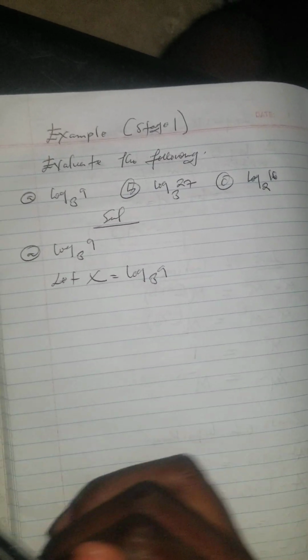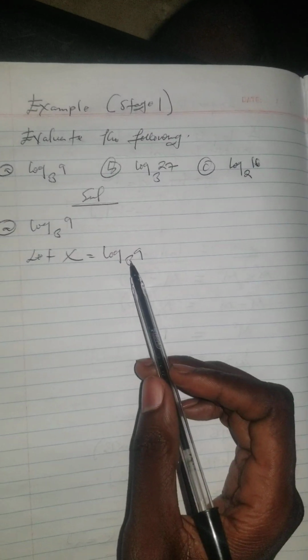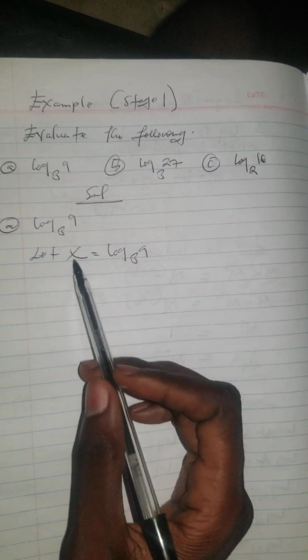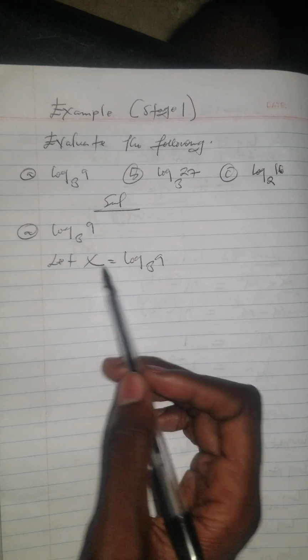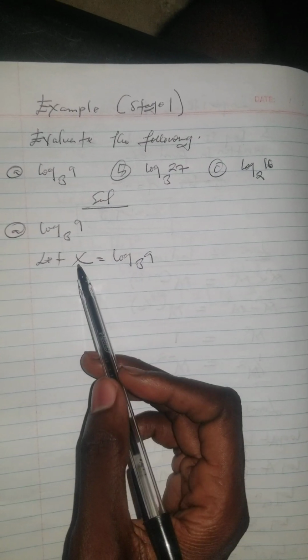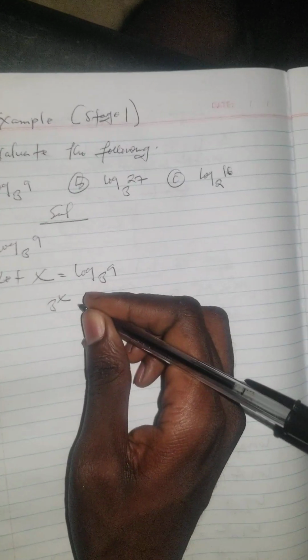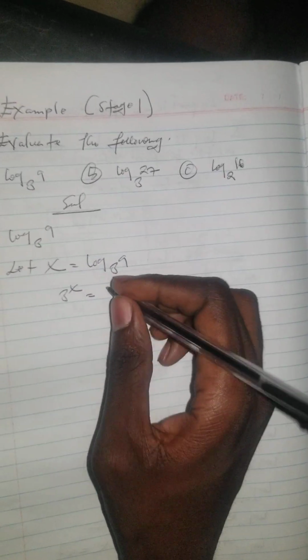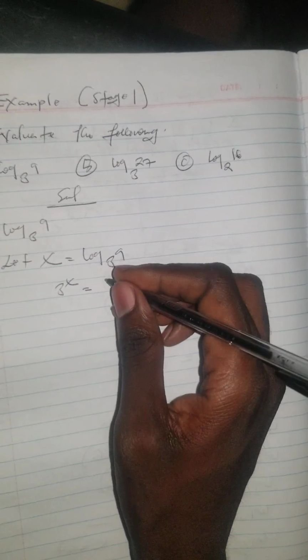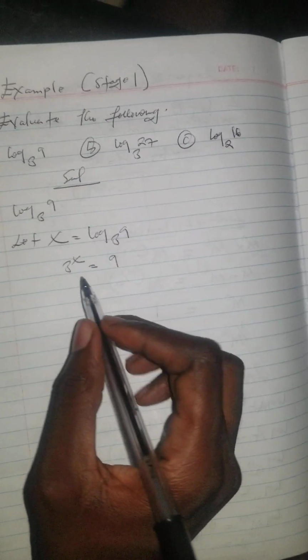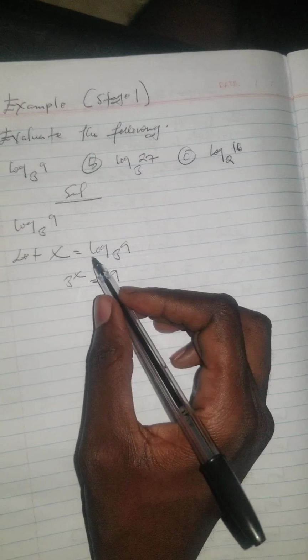And then after that, the 3, which is the base, is going to carry x as the power. So you're going to have 3 to the power x is equal to 9. When you do this, it implies that you have eliminated the word log.